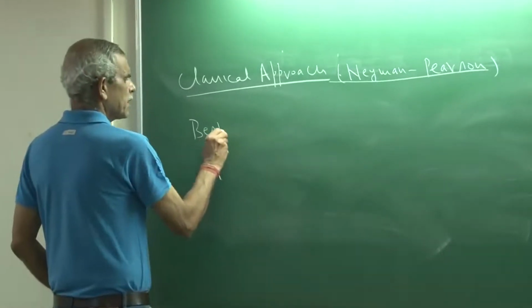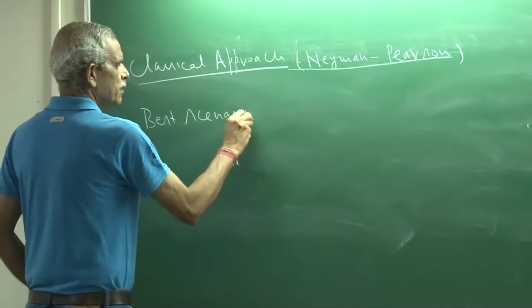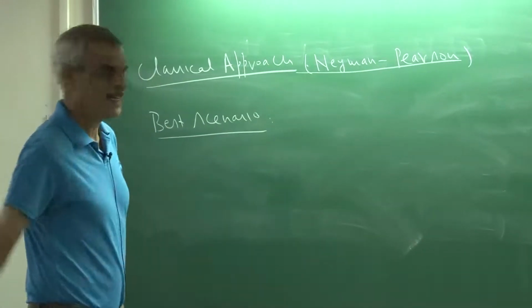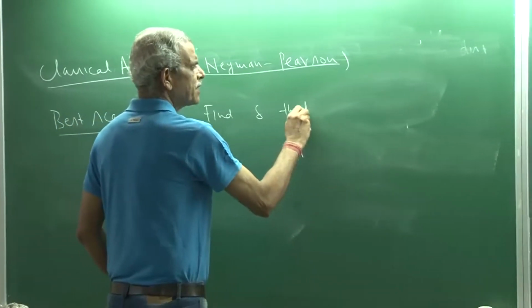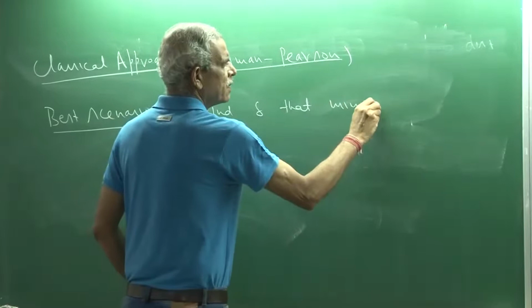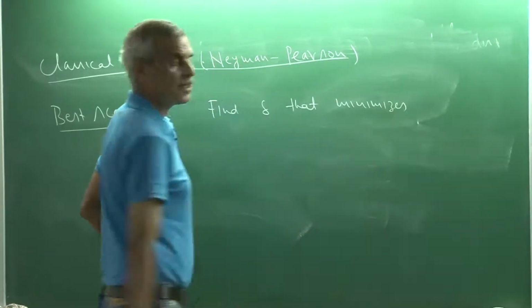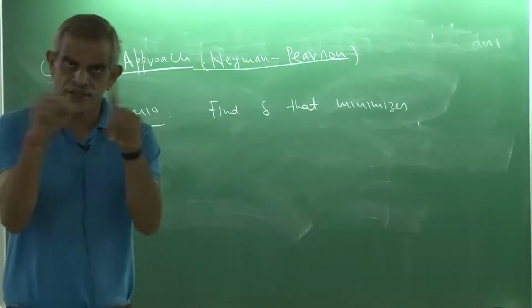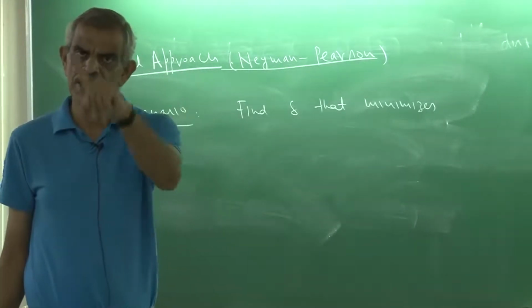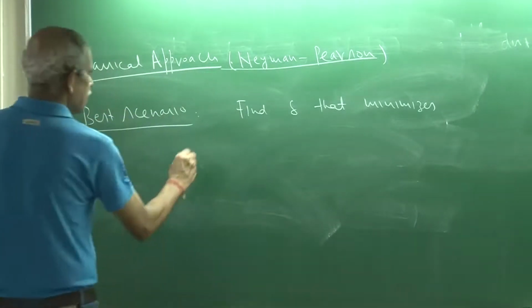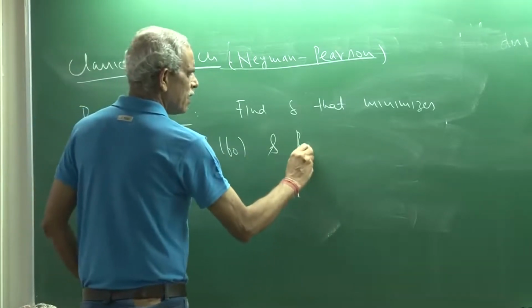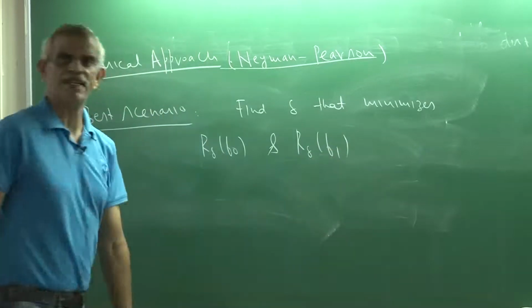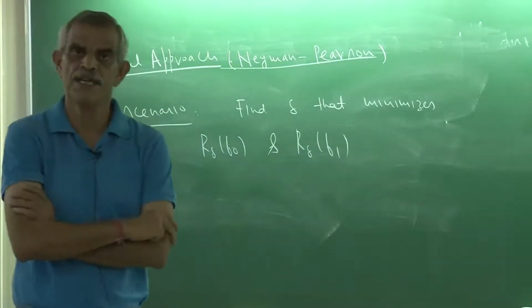So the best scenario is to find a delta that minimizes risk at both the points, because risk only has 2 points, R delta f0 and R delta f1. So it minimizes both simultaneously.